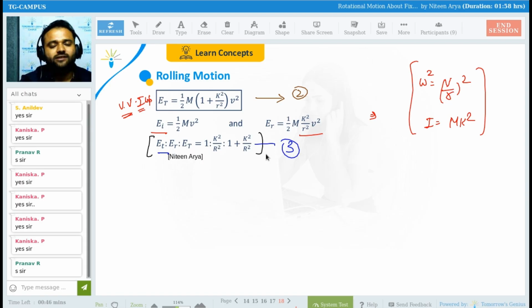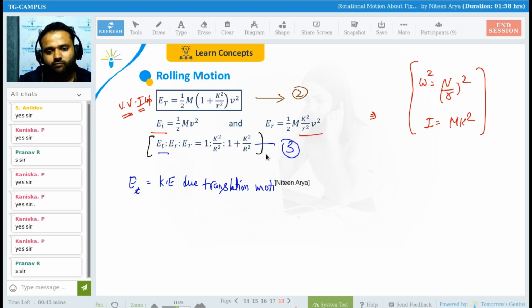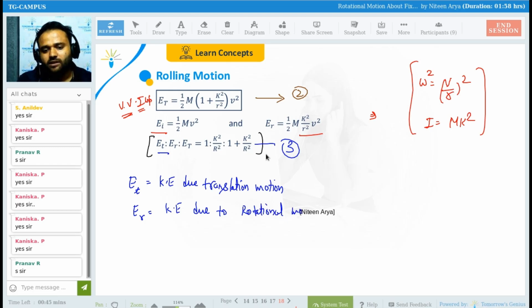So E total means the total kinetic energy, which is translation plus rotation. E_t is the kinetic energy due to translational motion. E_r, you know, everyone, is the kinetic energy due to rotational motion. Clear?